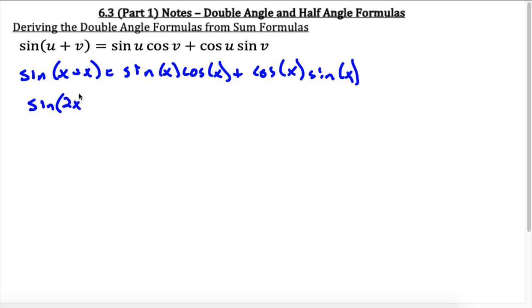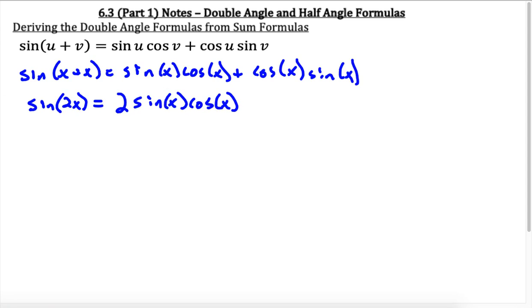So we have sine of 2x equals, now these are the same term. It doesn't matter since we're multiplying that these are flipped. Sine times cosine is the same as cosine times sine. So I can say I just have two of these: 2 sine times cosine. So this is our first double angle formula. Sine of 2 times some angle equals 2 times the sine times the cosine of that angle.